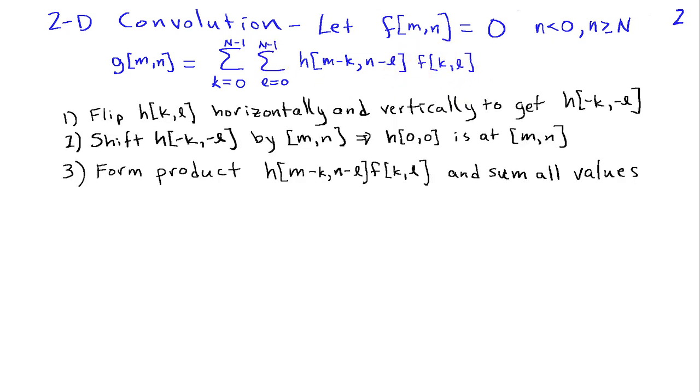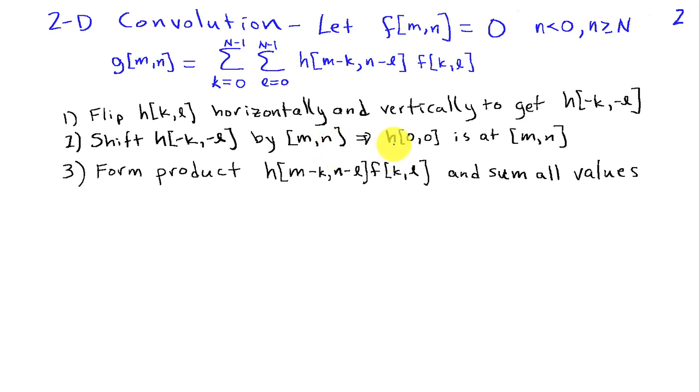So we can think about a graphical procedure for doing this kind of convolution that parallels the graphical procedure we use for one-dimensional convolution. We're going to take h, our impulse response, we've got h of k, comma, L, and we want to get h of minus k, comma, minus L. And that's obtained by flipping h horizontally and vertically. Okay, that's a reflection in both of the coordinates. Then we're going to shift this flipped version to the location m, comma, n.